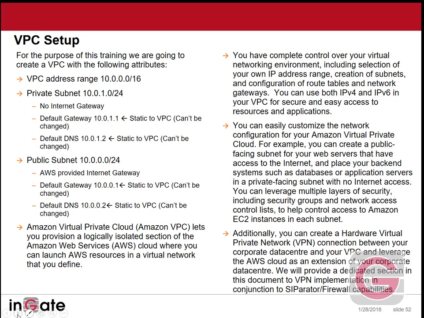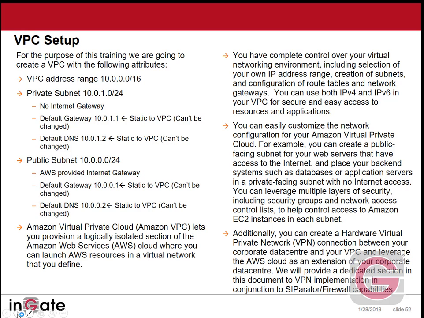Just as a refresh of some concepts that we already mentioned in one of the initial sessions, there is a series of attributes of what a VPC is and what it is for. In our case, we are going to create a VPC that is using private IP addressing with mask 10.0.0.0/16, and we're going to have two subnets inside that VPC.